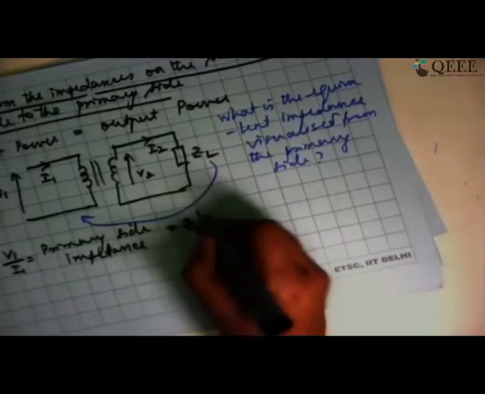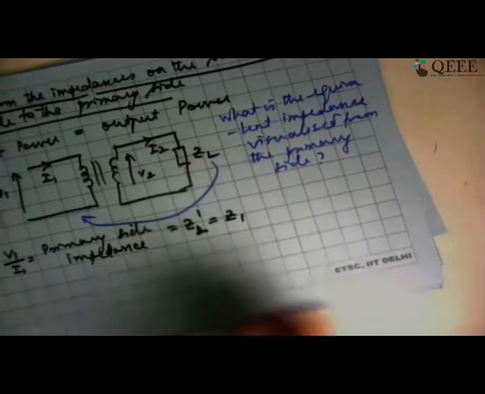So what we did was that V1 by I1 is the primary side impedance. That we said is equal to, so V1 we wrote it. So this is the Z2, ZL dash, or I can call this as Z1. Either way is fine. ZL dash is the secondary side impedance visualized from the primary side.